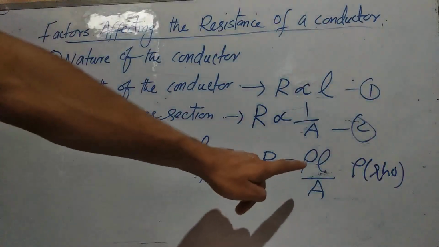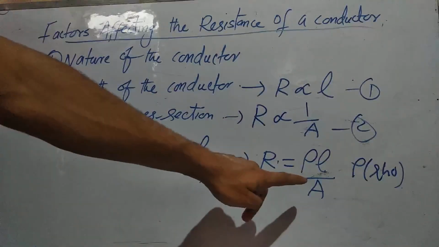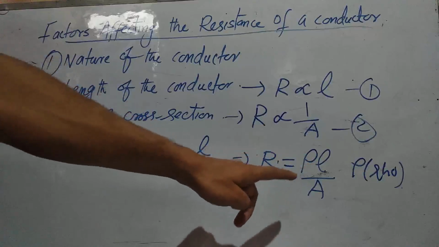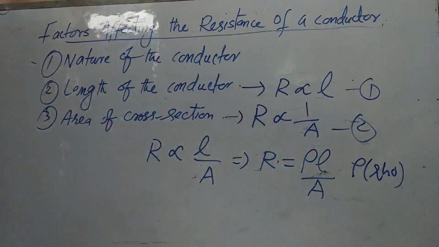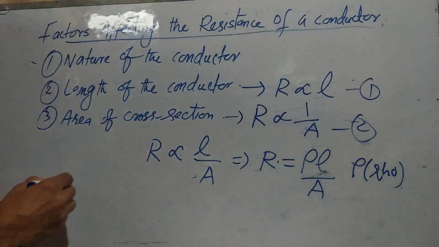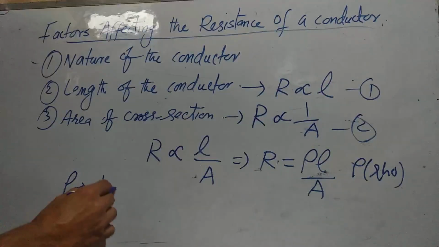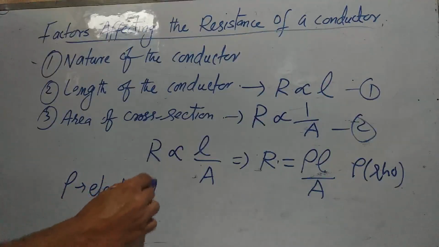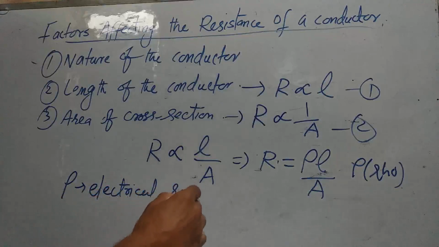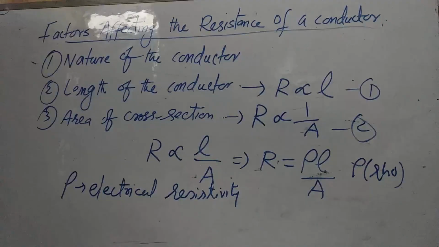This is the constant of proportionality, and is commonly called the electrical resistivity. So this rho is electrical resistivity, or we call it specific resistance.